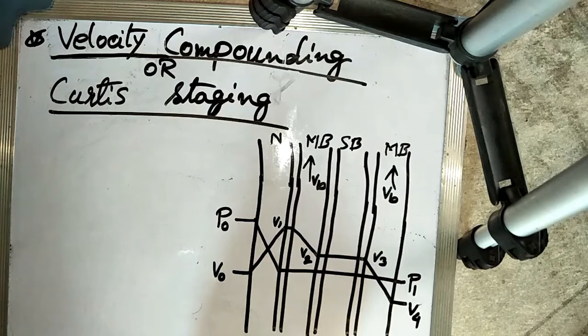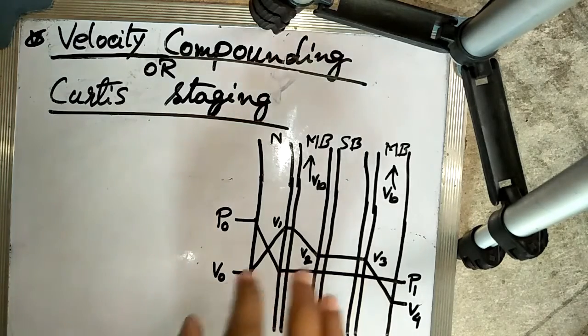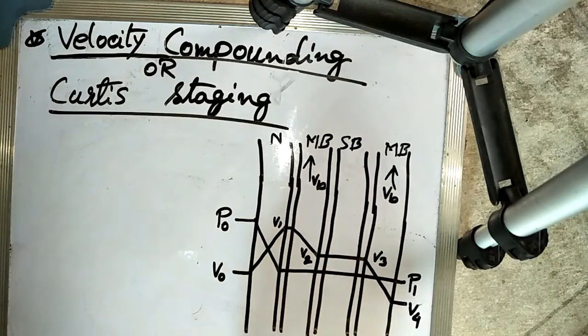So the steam expands in a single row of nozzle from P0 to P1 with velocity increasing from V0 to V1. The pressure P1 remains essentially constant thereafter.